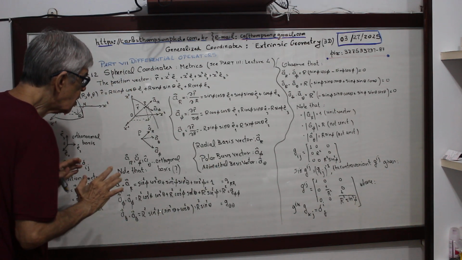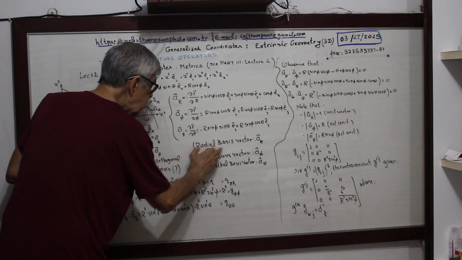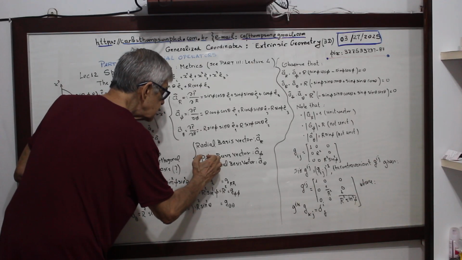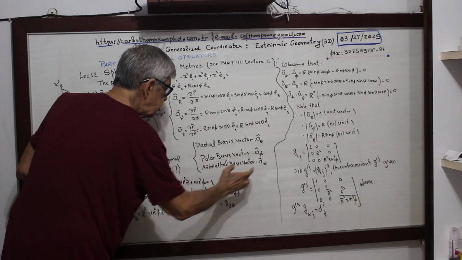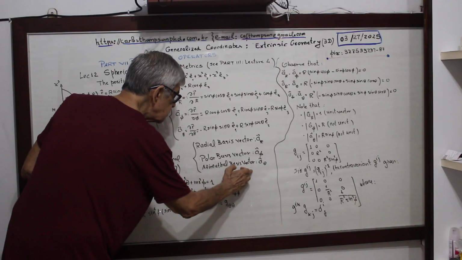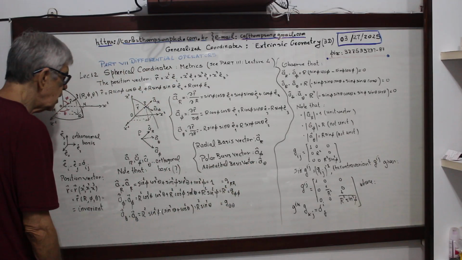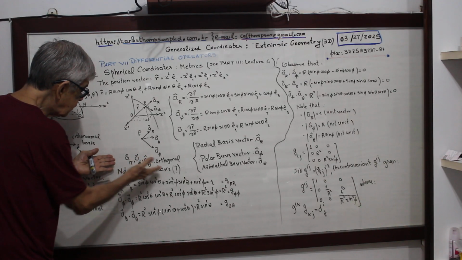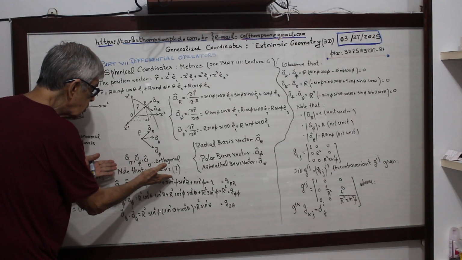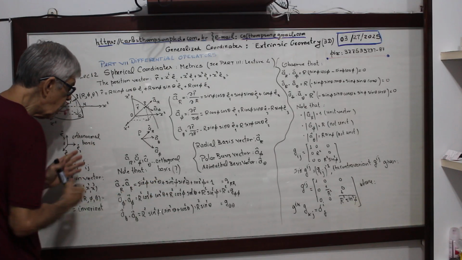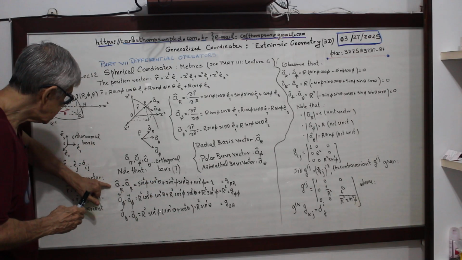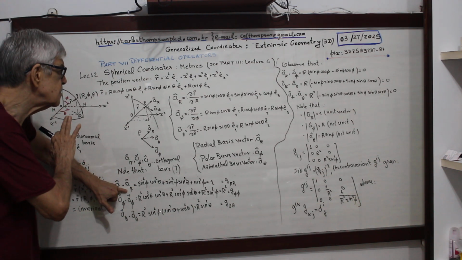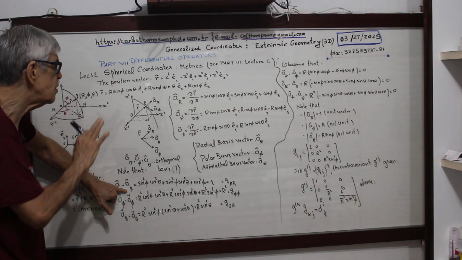Now, attention now. The radial basis vector A_R, the polar base vector A phi, and azimuthal basis vector A theta. So, there's a question: are they orthogonal? We don't know yet. But it's easy to see because A_R dot A_R, simple derivation.